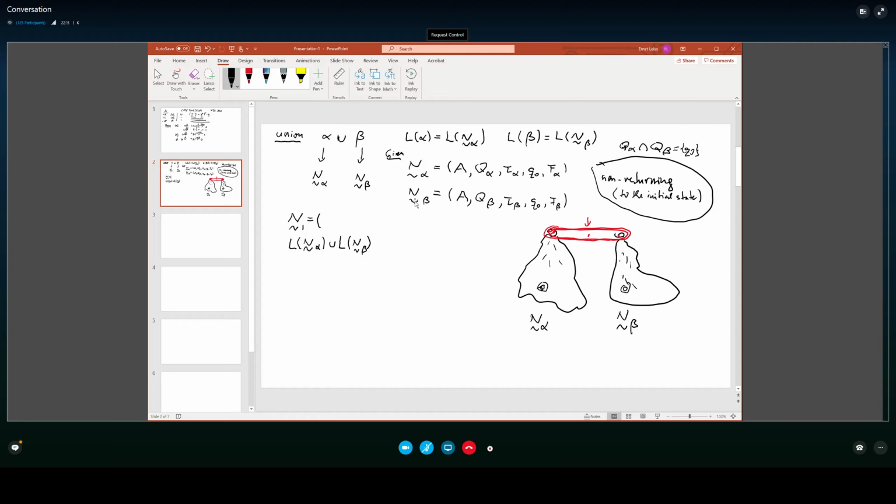Now, the only complication is, of course, that if N alpha has M states and N beta has N states, if this were the definition of the states of N1, how many states will N1 have?